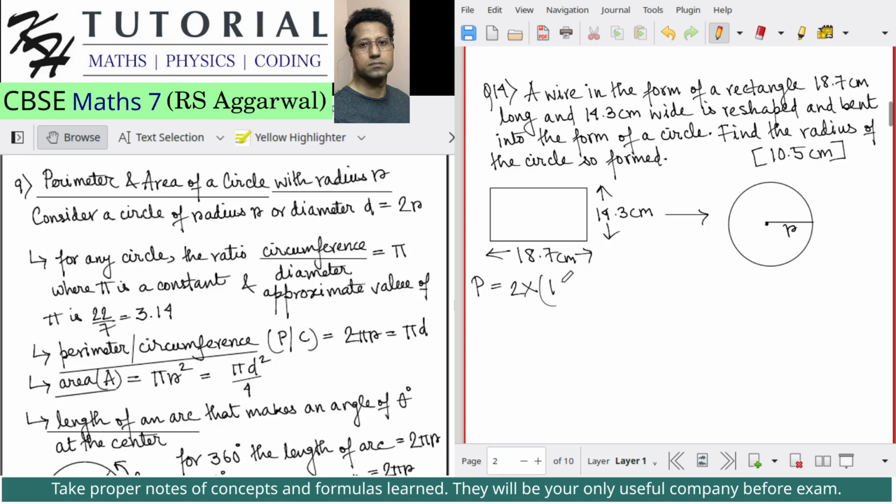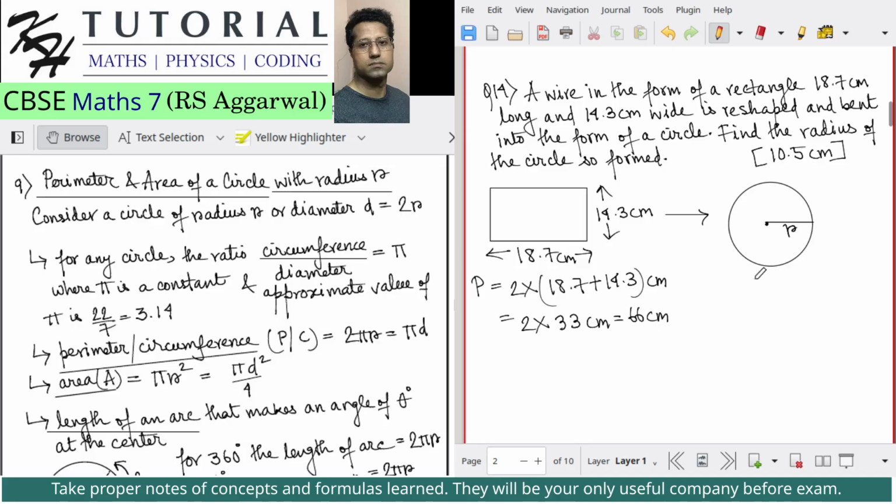So this will be 2 into 18.7 plus 14.3, this much centimeter, which is equal to 2 multiplied by 33 centimeter, which is equal to 66 centimeter is the perimeter of the rectangle, which is also equal to the length of the wire and equal to the circumference of the circle.